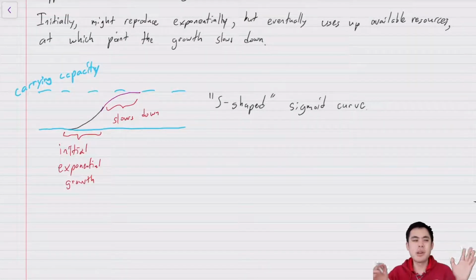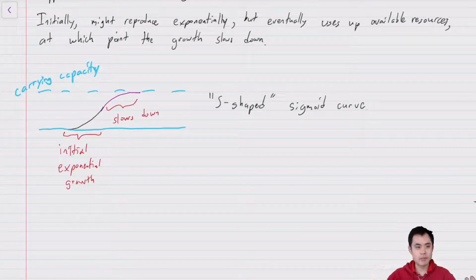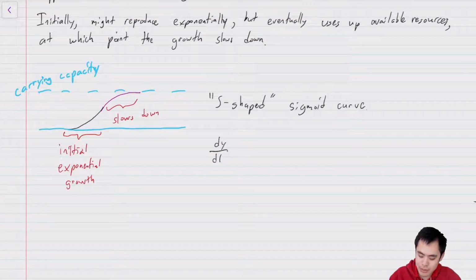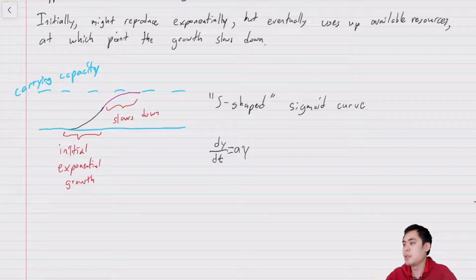Now, this is all really heuristic, but let's actually write down the differential equation. Not a difference equation, a differential equation, which is going to be called the logistic equation. So we have dy/dt. Initially, we want the rate of growth to be equal to some constant times the population size, right? So this is an exponential growth curve. If this was just the case, then it would grow exponentially up to infinity and beyond.